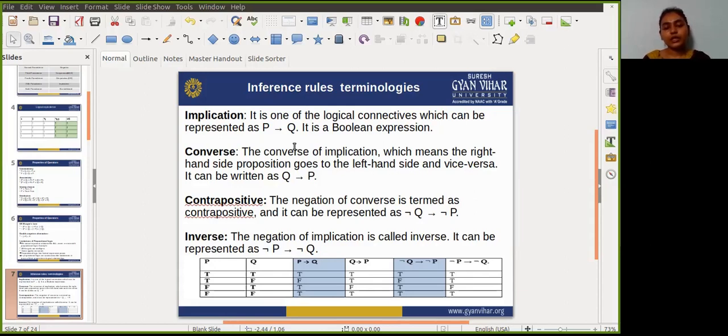The first terminology is implication, second is converse, third is contrapositive, and then inverse. So these are the terminology which are actually used.